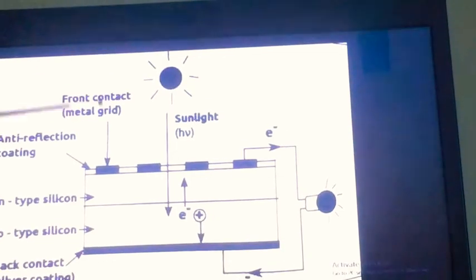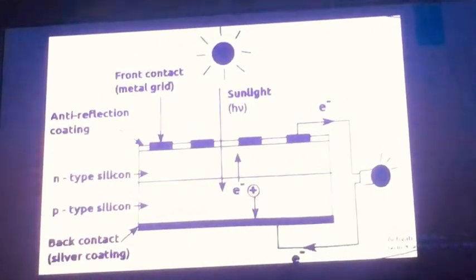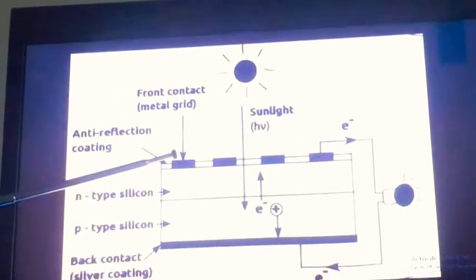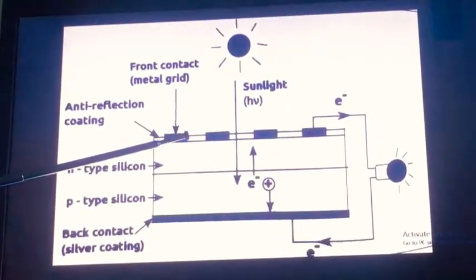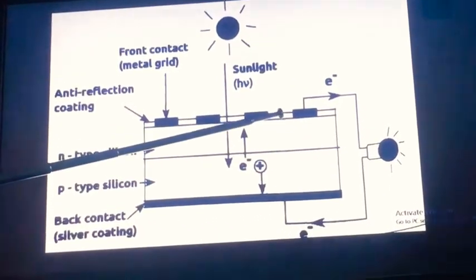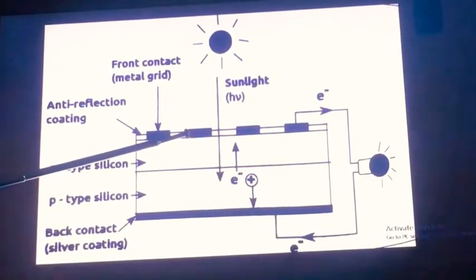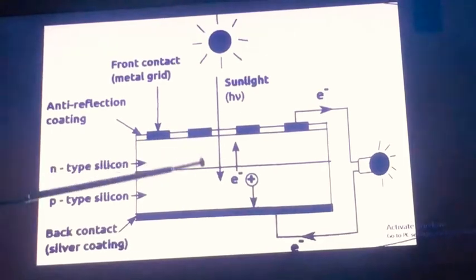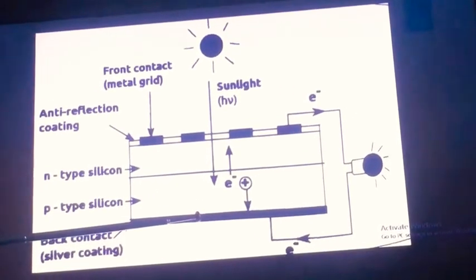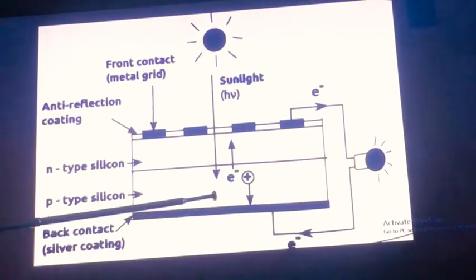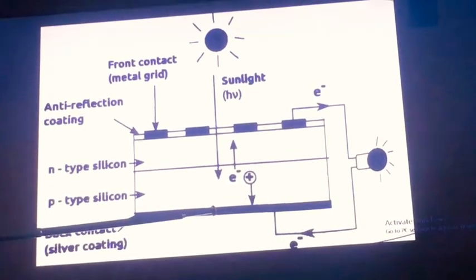This cell has two electrical contacts. One is in the form of a metallic grid on top of the N-type semiconductor, which serves as the negative terminal, and the other is a layer of noble metal attached to the P-type semiconductor, which serves as the positive terminal.